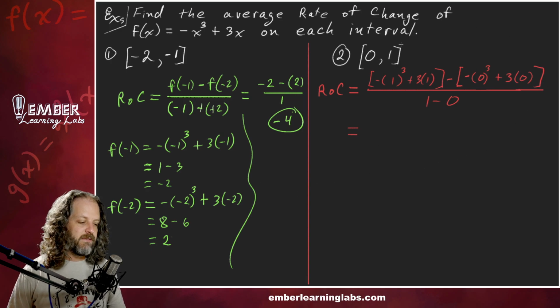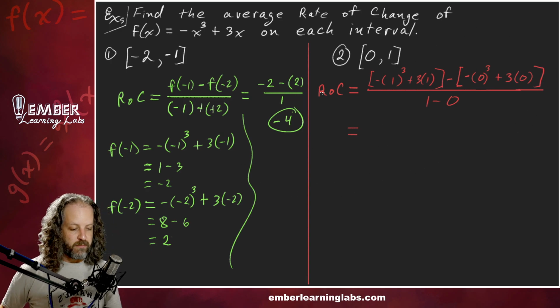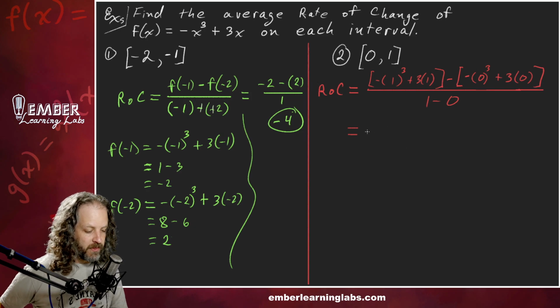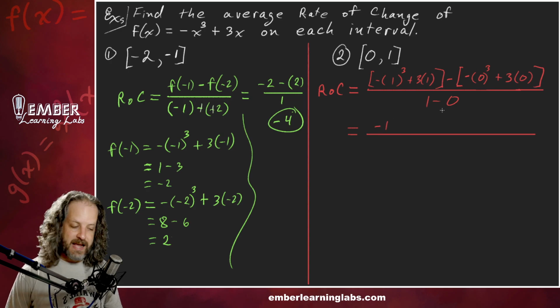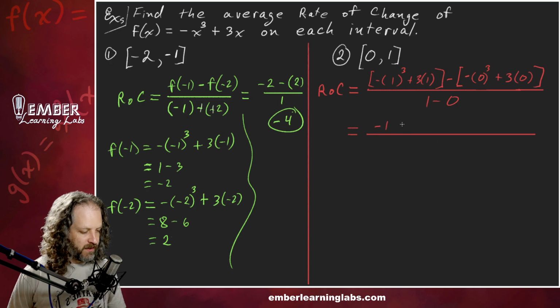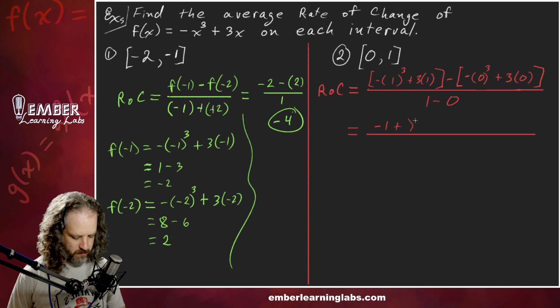We're going to do it all in one big jumbled mess instead of breaking it up into individual pieces. So negative 1 cubed. 1 cubed is 1, and then negative 1 is negative 1. 3 times 1 is 3. Whoops. I can write. Who said I can't? It's fine. Don't worry about it.